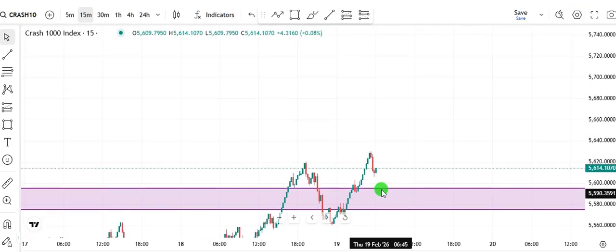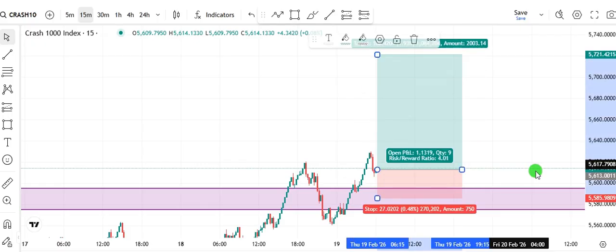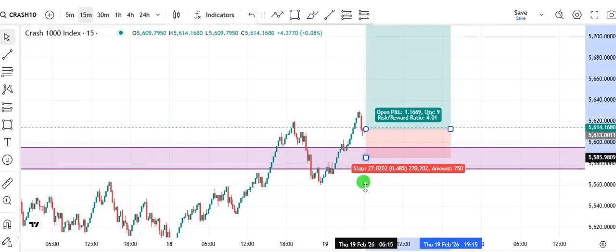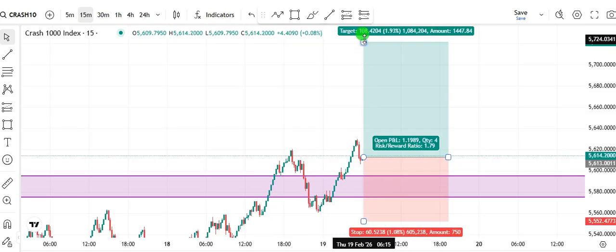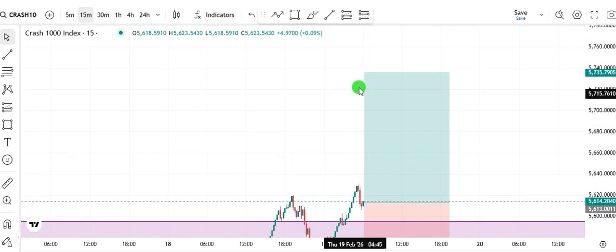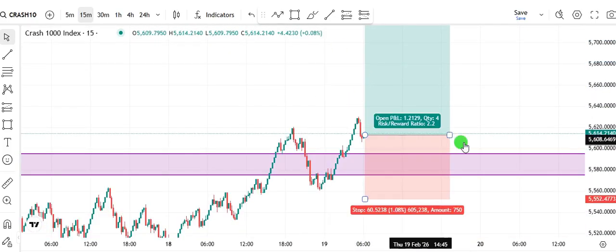So here's my bullish setup. Okay, so I'm going long. I'm going long on Crash 1000.